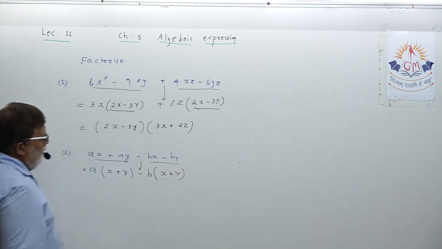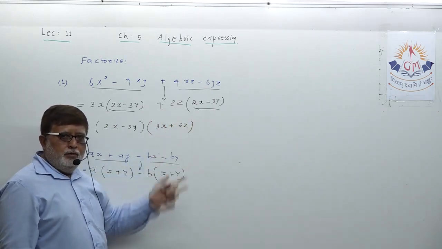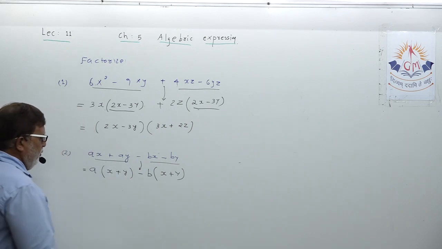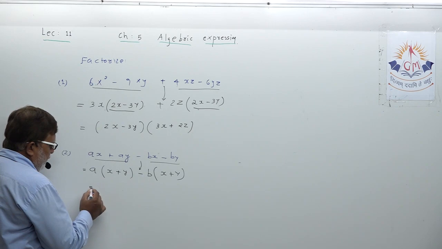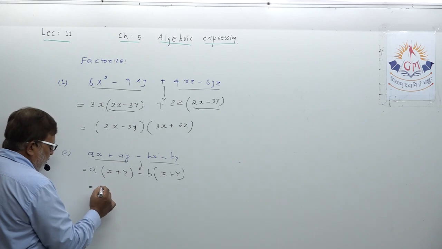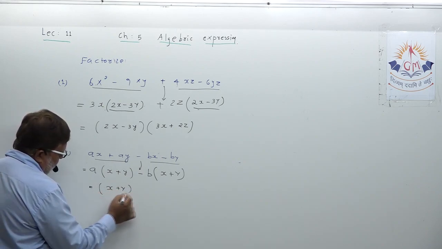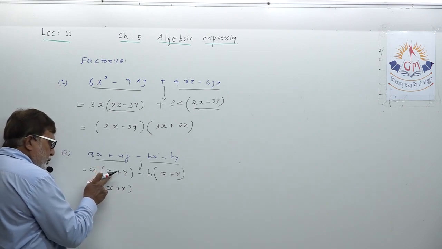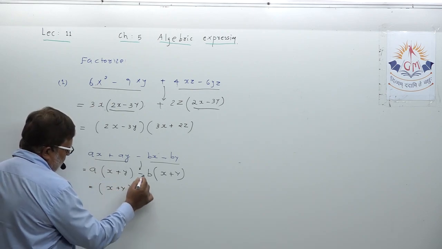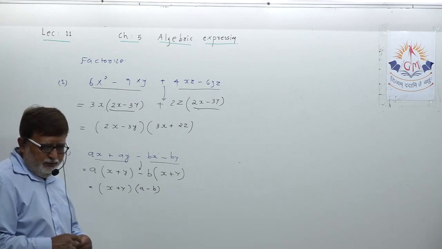Is it clear? If you take out plus common, there will be no change in the sign, but if you take out negative common, sign change is obviously going to occur. Let me take the whole bracket common. X plus y common. Because x plus y is common, what is left here? A. What is left here? B. It is factorized. Understood?